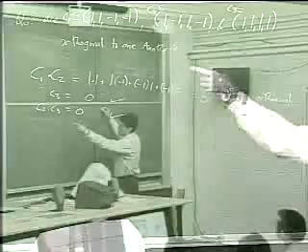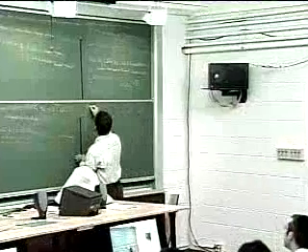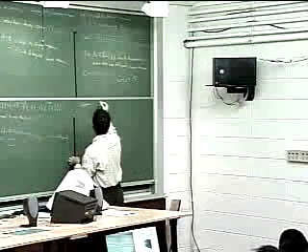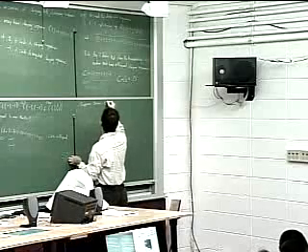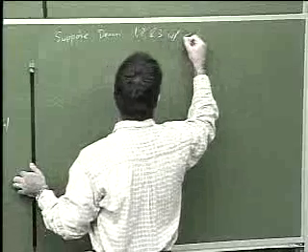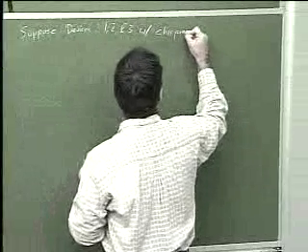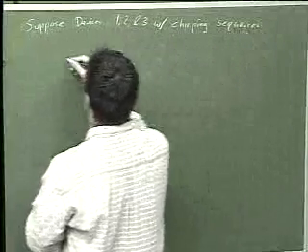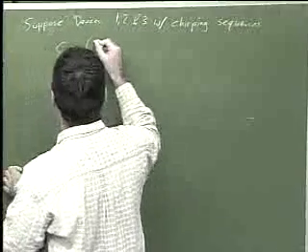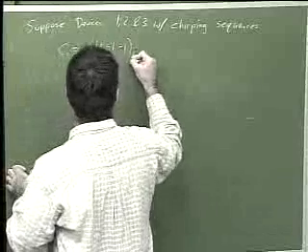So suppose with that C1, C2, C3, this is devices 1, 2, and 3 with chirping sequences. So C1 equals, let's just go with that again, 1, 1, minus 1, minus 1.